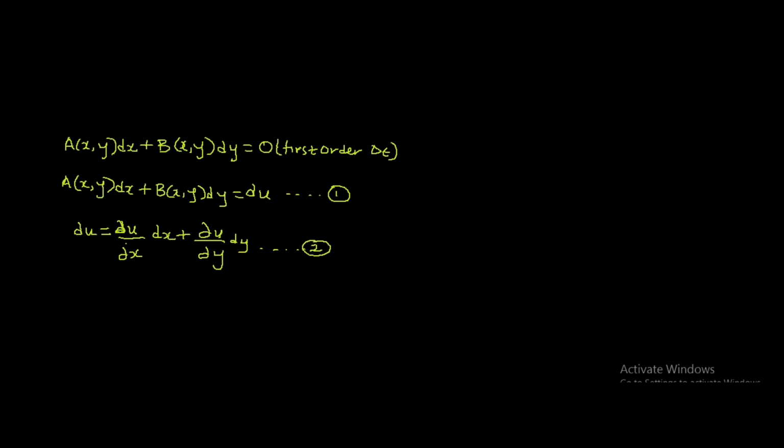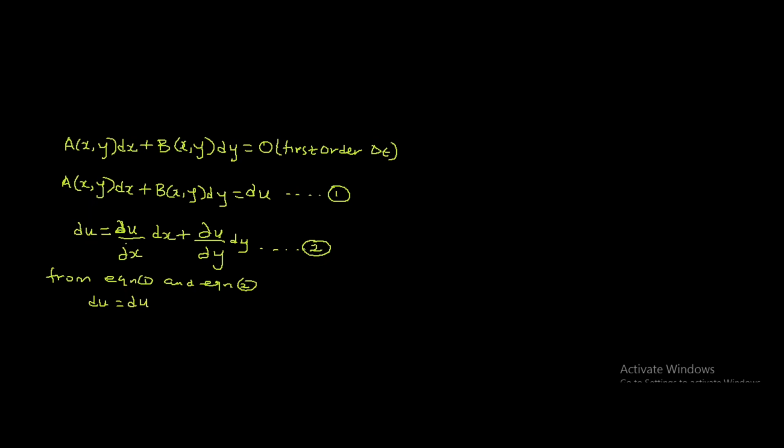It's a partial differentiation. You differentiate x, then you differentiate y, because the two are in the equation. Now if you notice, from our equation 1 we have du, and also from our equation 2 we have du. So this simply means our du from equation 1 and equation 2 is equal.